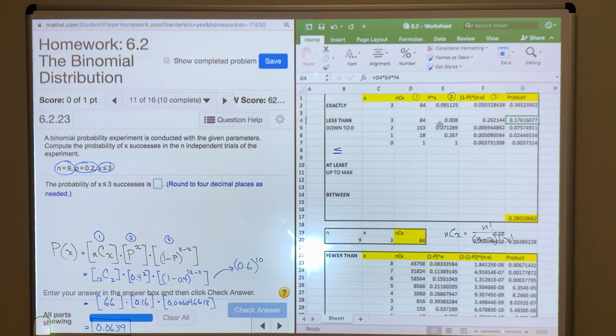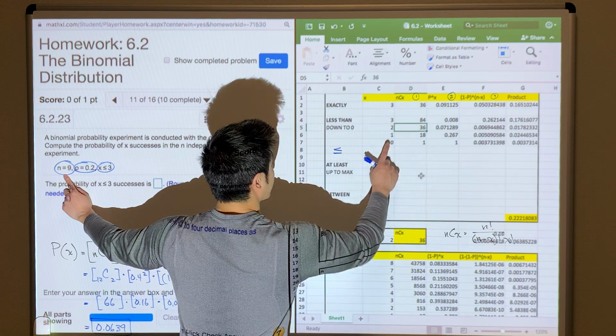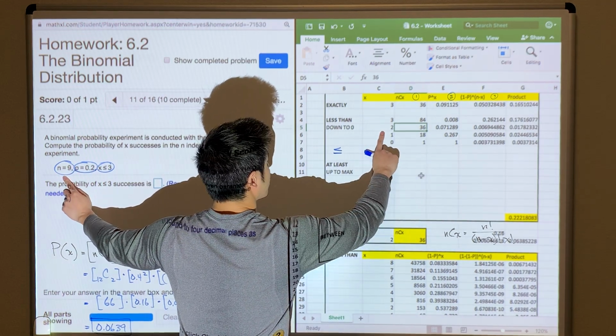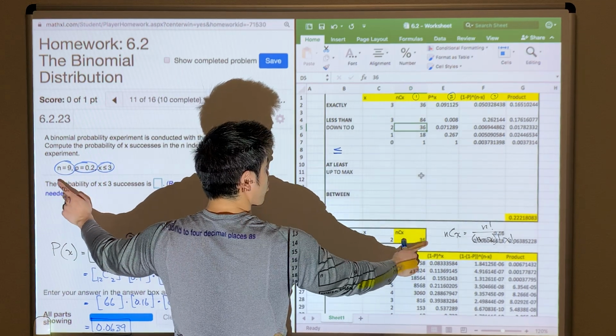What I'm going to do is calculate the nCx's for these. Okay, just take a look here. 9C2 is 36. Look at what I did there. nCx, 9 is still the n, that's overarching through the problem. The x is 2 now, not 3, so I get 36.